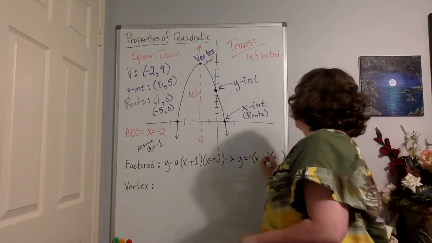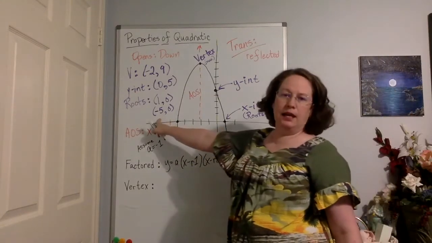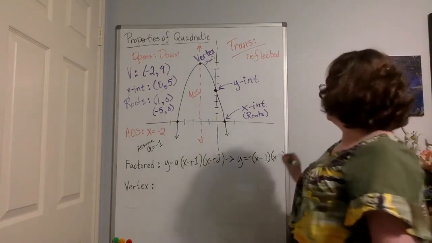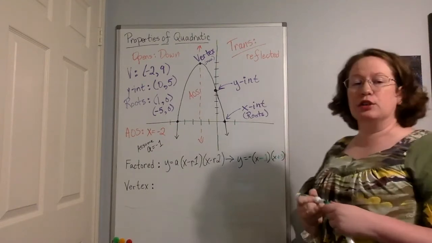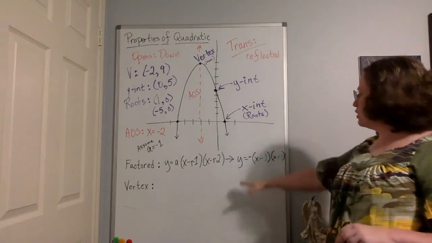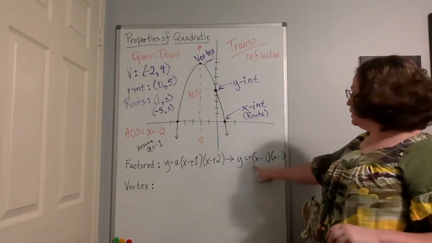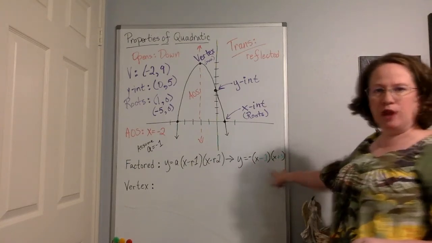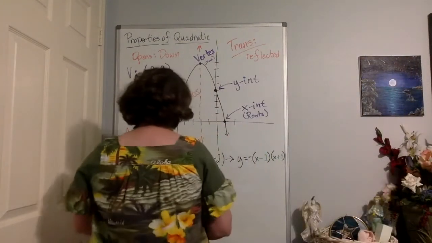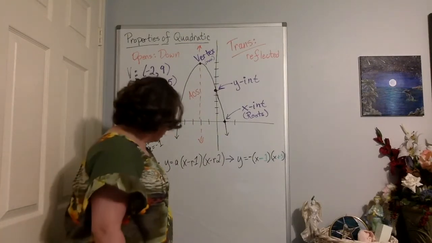So I'm going to put -1. And that means my -5 would become, very good, +5. Okay, so the factored form for this quadratic graph, or quadratic function, is y equals -(x - 1)(x + 5). Okay, easy.